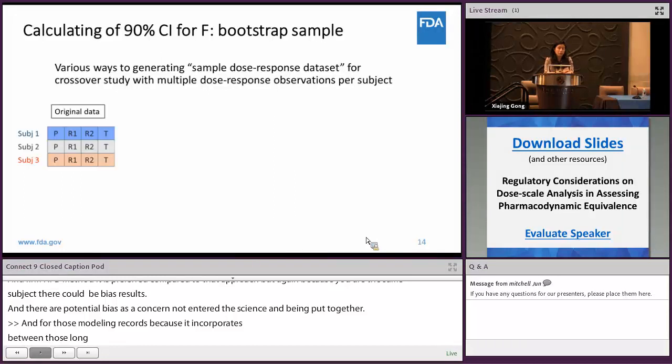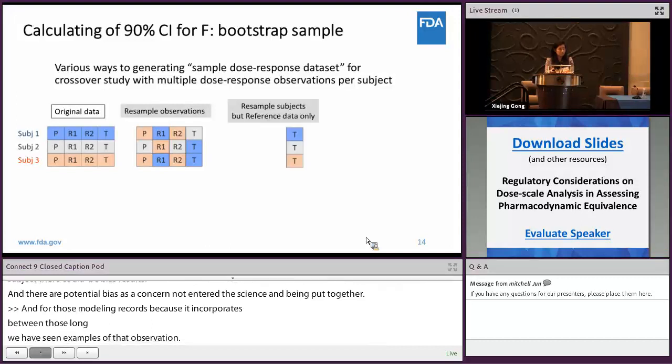Just to give an example, if we have original data where each subject was dosed placebo, reference at lower dose, reference at higher dose, and test at the lower dose, we've seen in some cases they resample the observations by ignoring the subject. And there are cases where they resample the subjects, but they only applied it for the reference data.